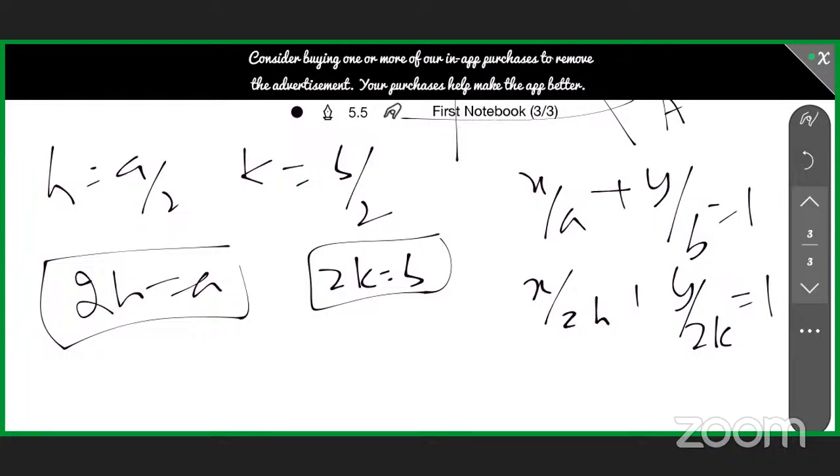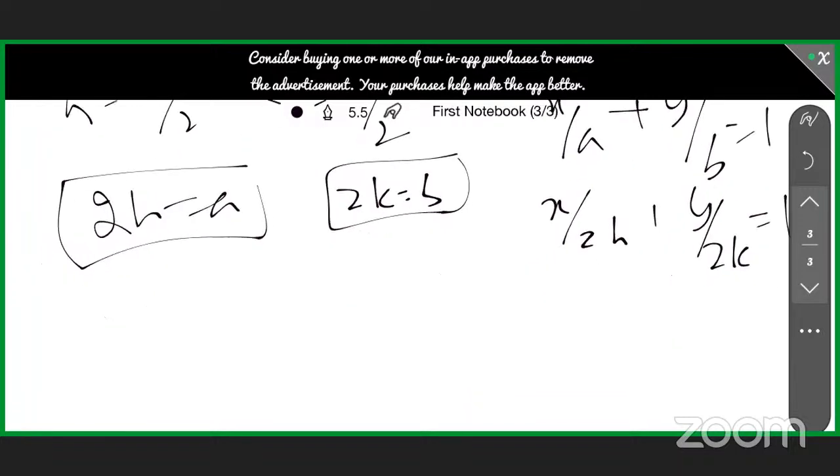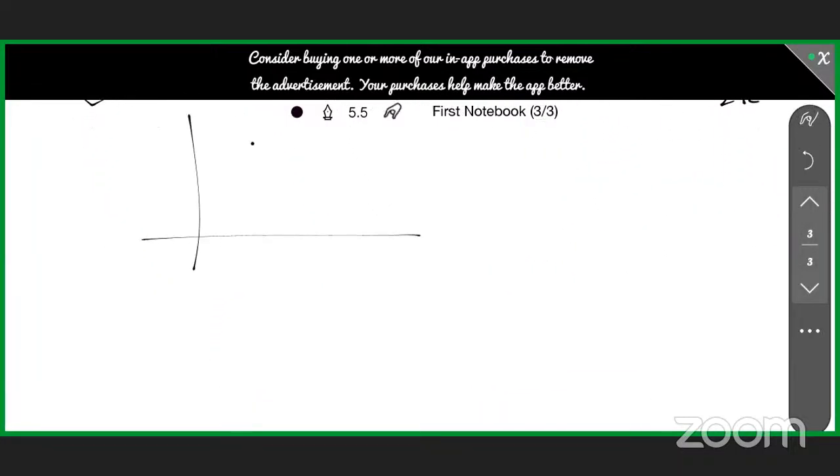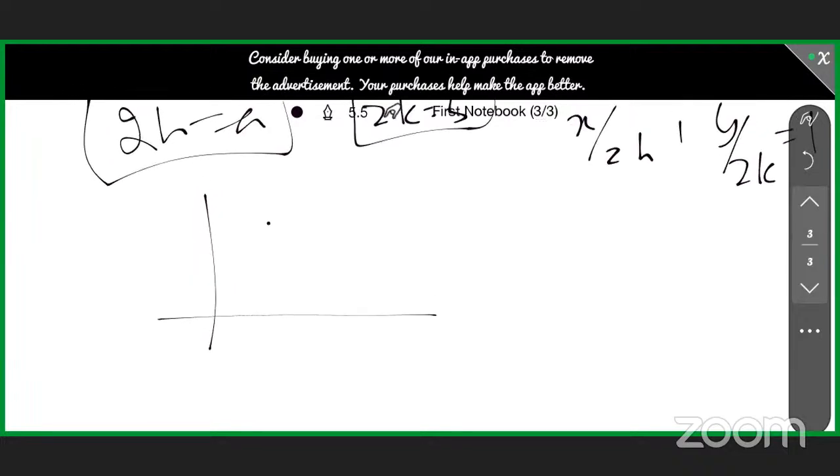My line is passing through the point of intersection of these two lines. Therefore, the point of intersection is somewhere here, and from that point my line is passing, and we have to find the locus of the midpoint. That was the question. To find the value of h and k, what they're telling is that my line is passing through.